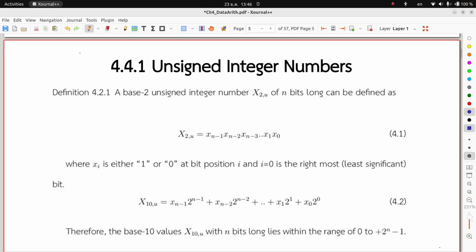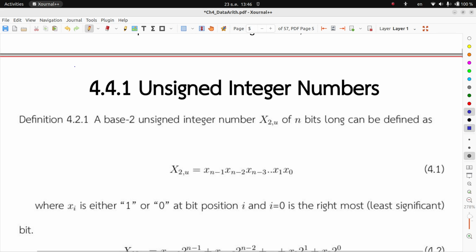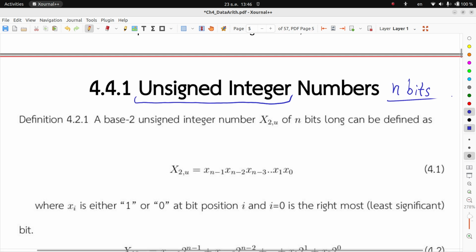Now, let's understand an unsigned integer for n bits. N-bit unsigned integer, okay?